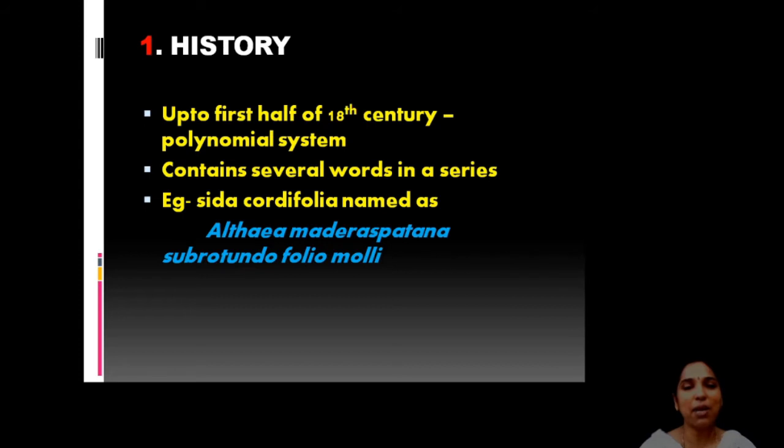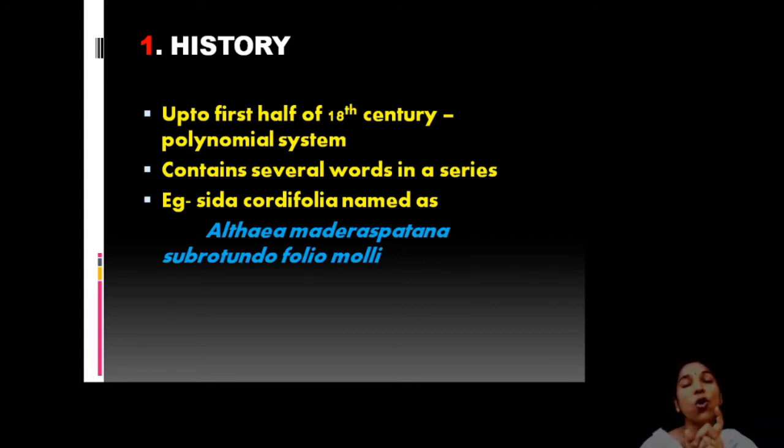One example is here: Althaea madara seppana subrotundo folio mulli. It's very difficult to read. This is a polynomial used for a plant, Sida cordifolia. Sida cordifolia is a plant in our local areas, Kurundoti in Malayalam. So Sida cordifolia is the scientific name.